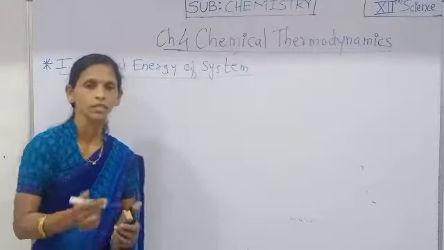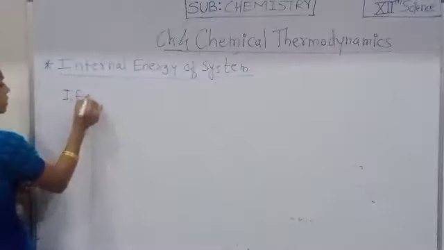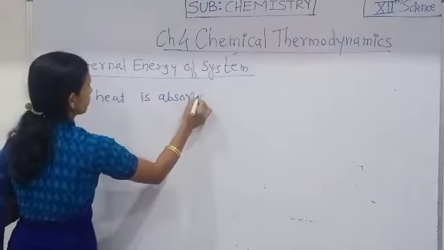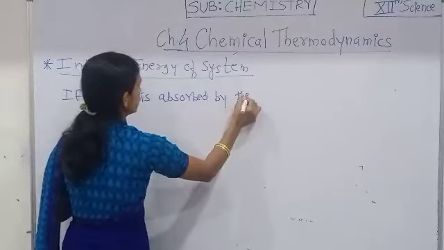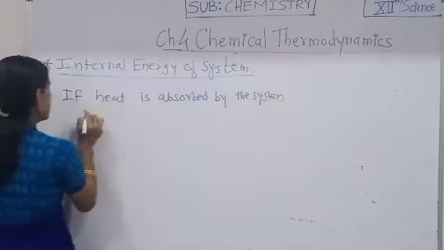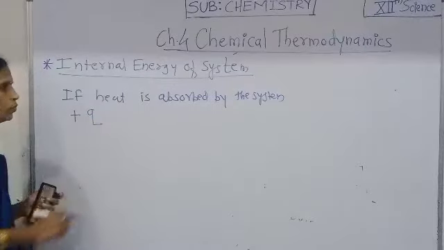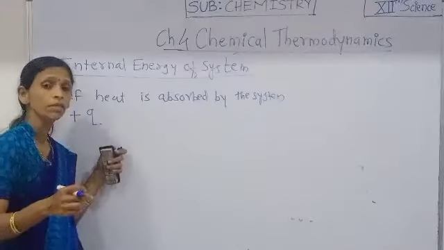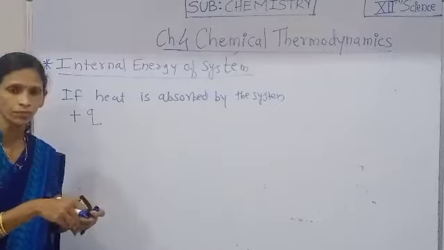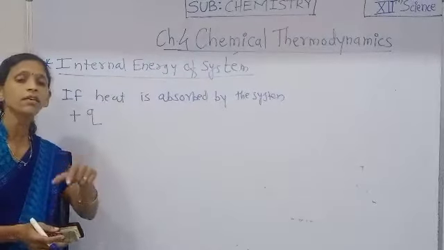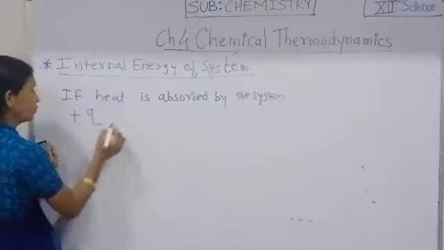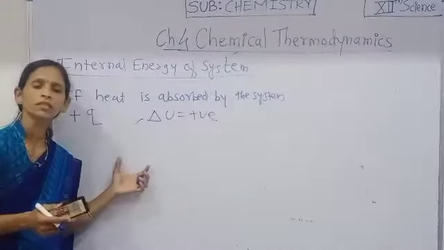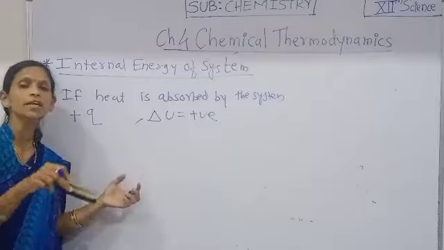See here, if heat is absorbed by the system, then that heat energy is denoted as plus Q. When heat is absorbed by the system, energy is added into the system, and the change in internal energy, delta U, is positive, because energy is transferred into the system.